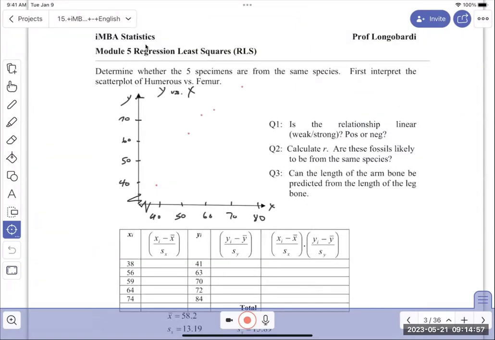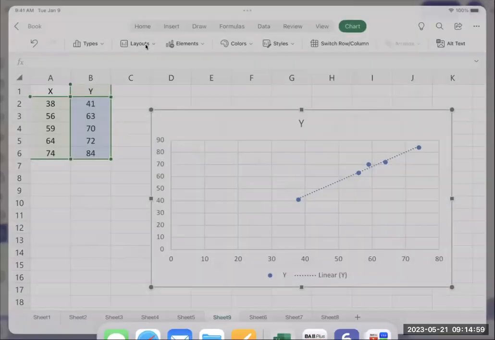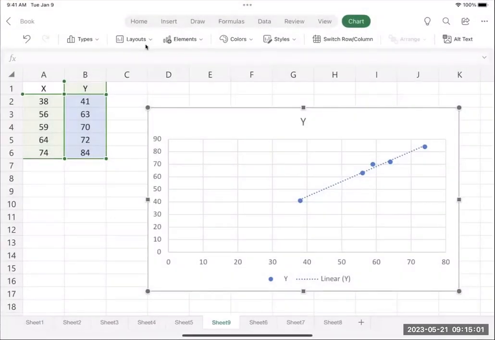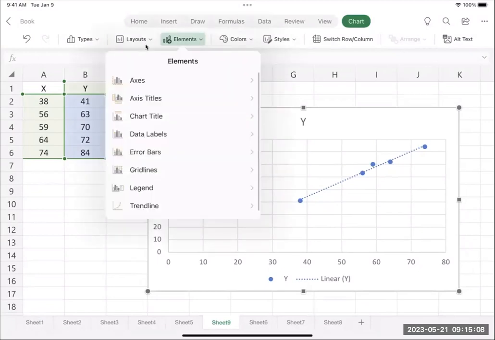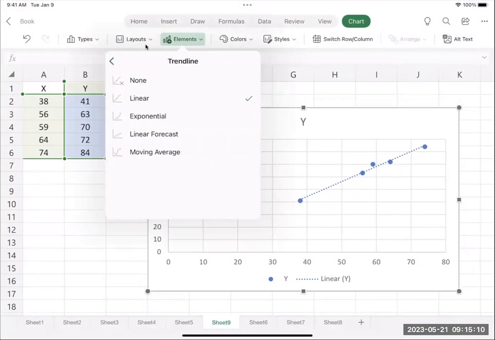So back to Excel for a minute. Now let's get the least squares regression line. I'm going to go back to the chart elements and the trend line, and oh, it's not allowing me.